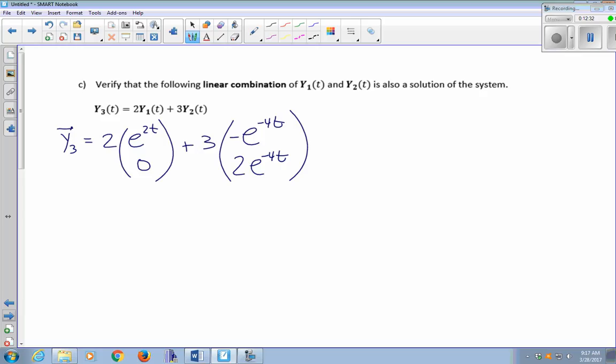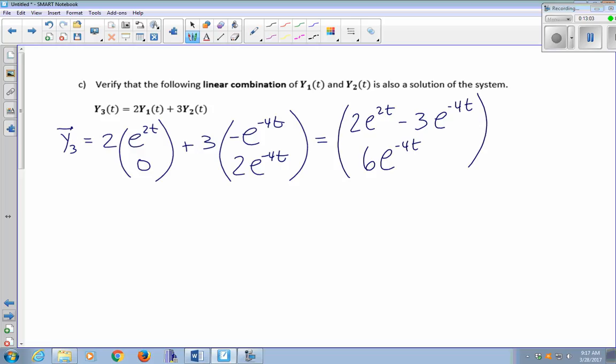So let's just simplify this, right? So this becomes 2e to the 2t minus 3e to the negative 4t and 6e to the negative 4t. So when you multiply a vector times a scalar, you just multiply every entry in the vector times the scalar.